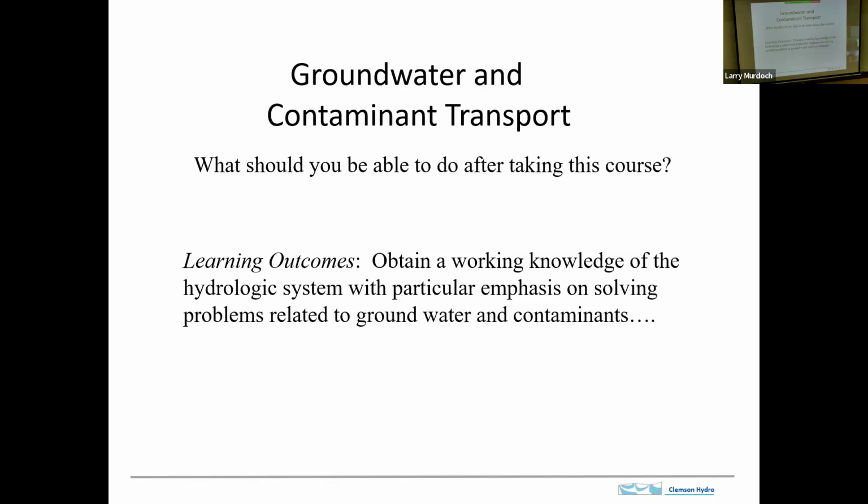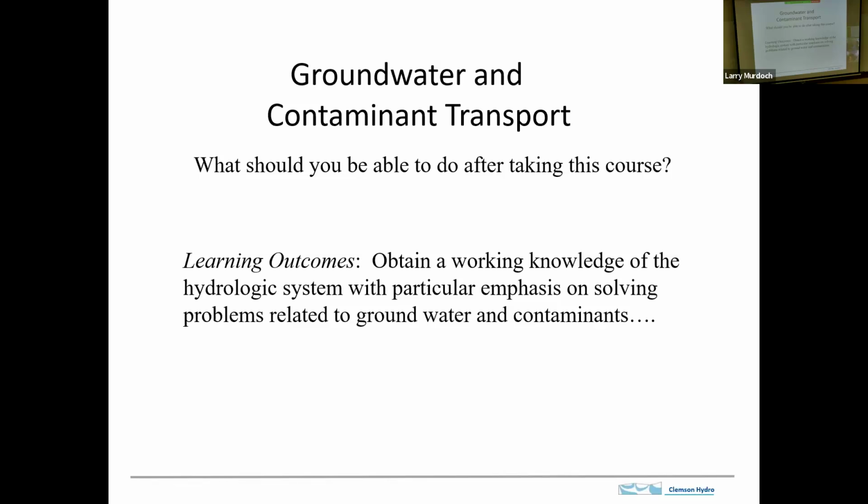We have groups with a geology background and groups with a civil engineering background in the class, and both of those backgrounds are well suited and have a lot of applications for groundwater. Some with a direct focus, where the specialty would be in groundwater and contaminant transport, and in other cases, it'll be using knowledge of groundwater as a secondary thing to support other activities.